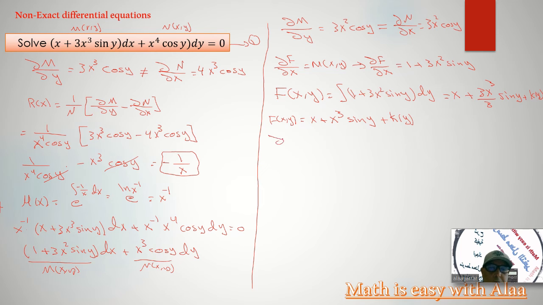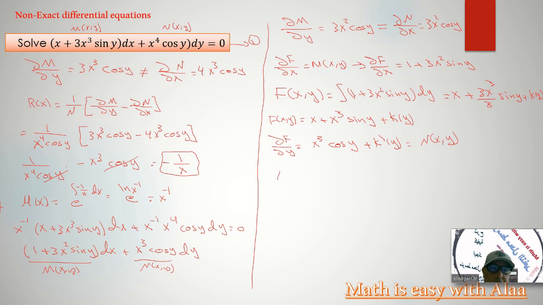Now partial f with respect to y: the derivative of x is 0, and here constant times sin y gives x³ cos y, plus k prime(y). And partial f with respect to y is N(x,y).